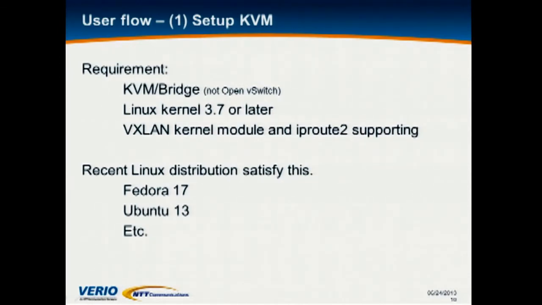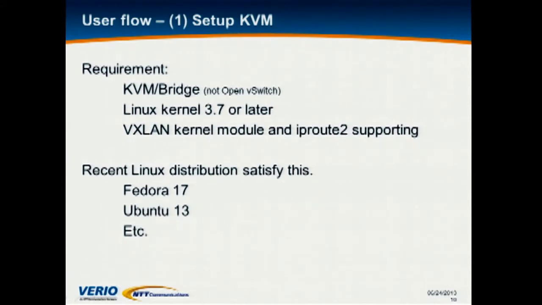And currently, we don't take care of OpenVSwitch. OpenVSwitch does not have sufficient support for VXLAN. So we have to use the KVM hypervisor with a bridge interface. And some recent Linux distributions have VXLAN support, like Fedora 17 or Ubuntu 13, so we can test it with such distributions.